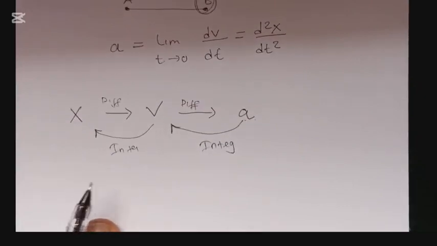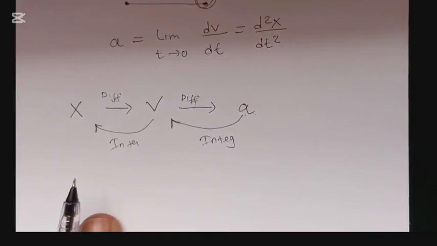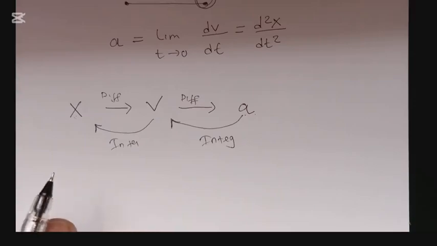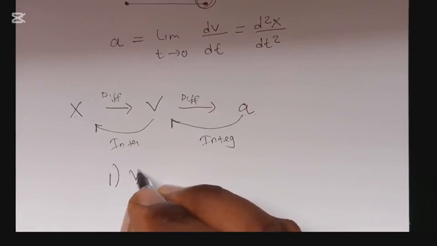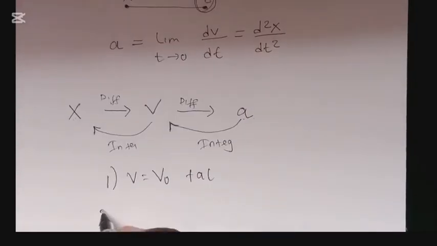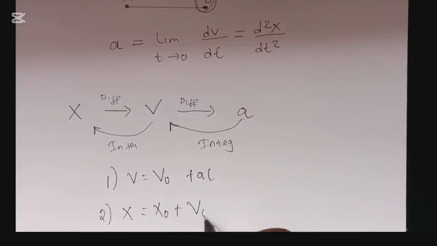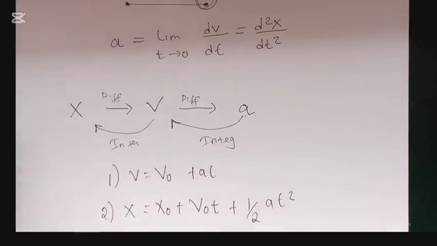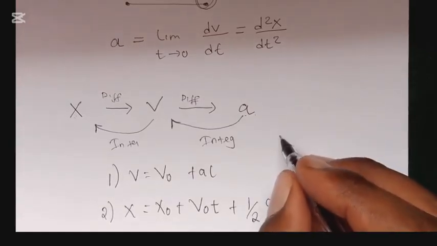Then the other thing that you're supposed to know are the equations that we are going to be using under 1D motion in the x-axis. Mainly there are 3 equations that we are going to be applying. The first one is v is equal to v0 plus at. The other one is x is equal to x0 plus v0 t plus one half a t squared.